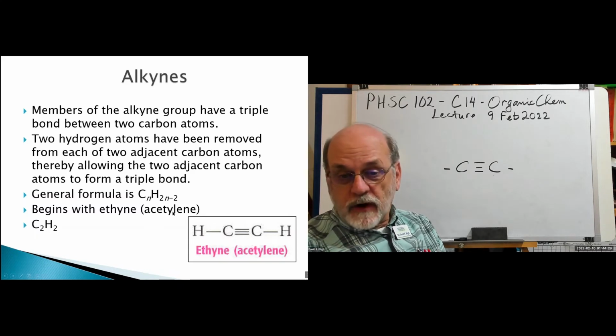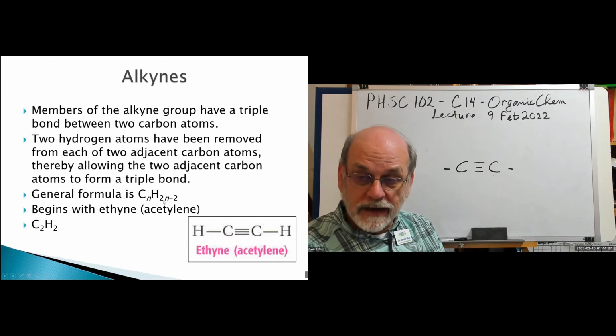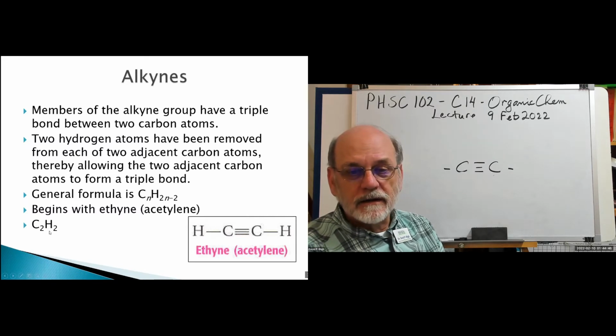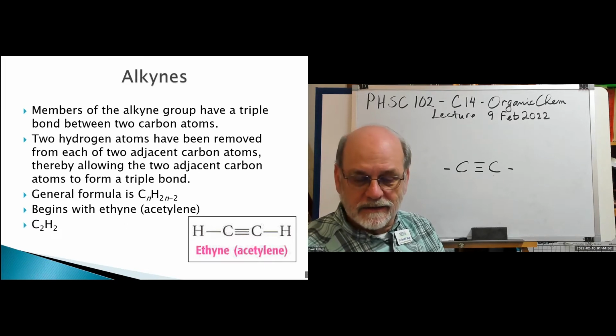So if we got two carbons, so we say n is 2, so 2n is 4, right? Minus 2 is 2. So there we have C2H2, the simplest alkyne.